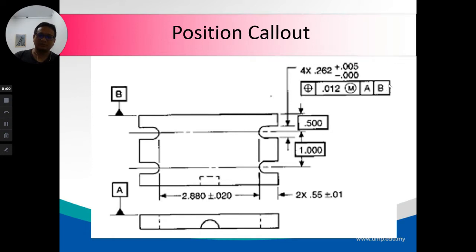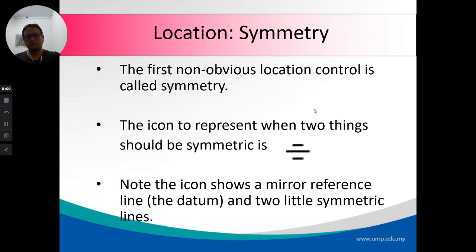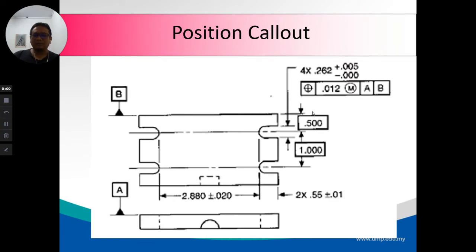So let's look at an example of this. A position of 0.125 between A and B, at maximum.